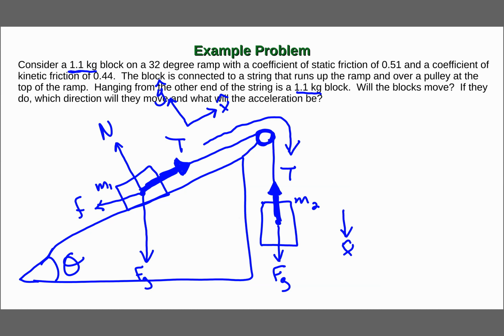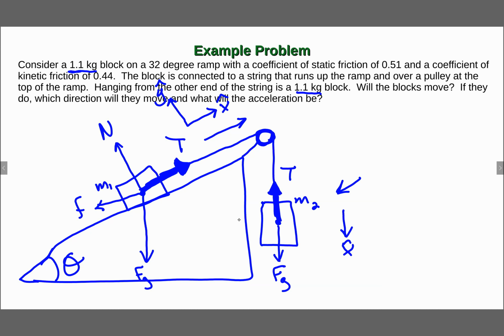Now the reason that I'm thinking about it this way is because if I'm not sure which way the blocks will go, I can let the math tell me, but I have to make sure that the directions match. So if I solve for A, and I say, okay, if A is positive, we're going this way, I have to make sure that that's true of this one too. Because remember, when they're attached by this rope, and we're going to assume that it doesn't stretch, then their accelerations have to be the same.